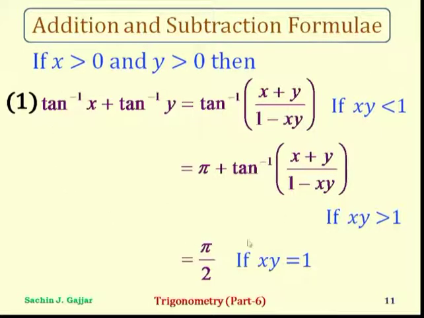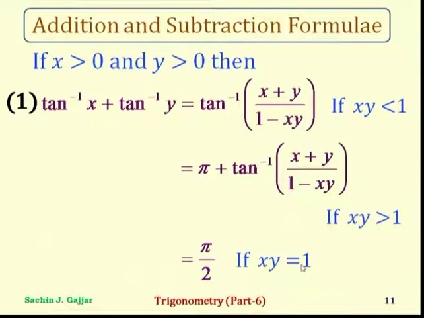So these three results are very important. We will use these results in our examples. These formulae are known as addition formulae, because this is tan inverse x plus tan inverse y. So note down these formulae in your notebook and remember these conditions also. Before using this formula we have to check these conditions.